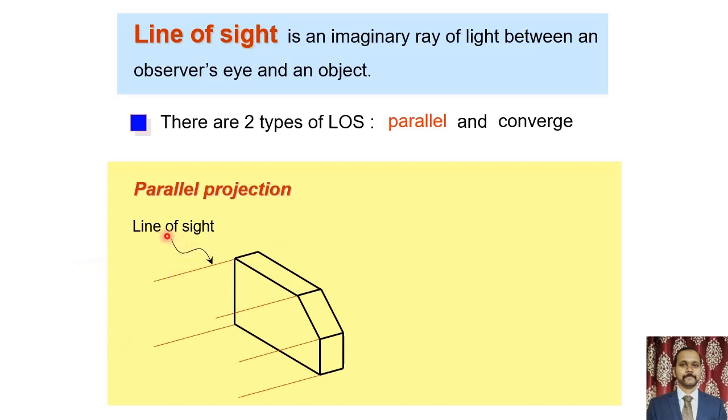Whatever the line of sight, or the imaginary rays of light, we are seeing, if these are parallel to the observer, then we can say this is the parallel projection.